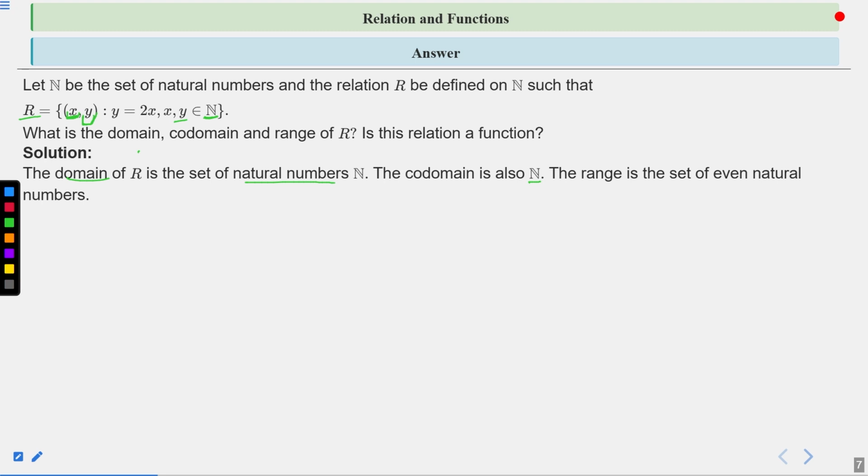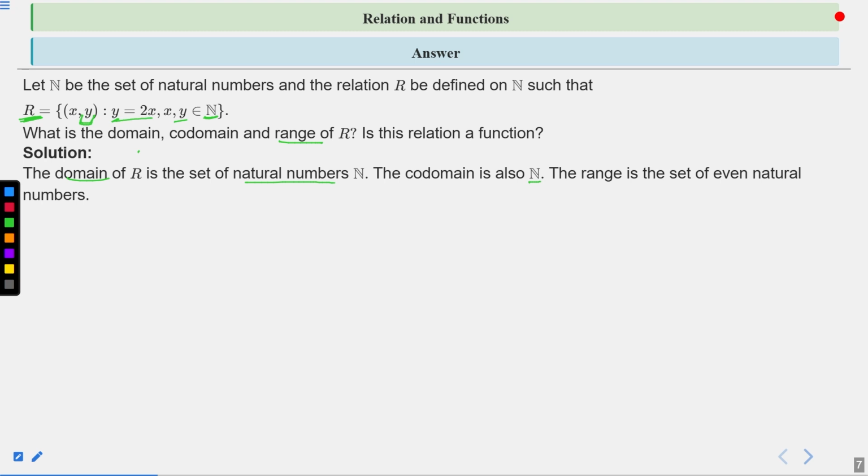Now we have to carefully observe that this y is of what form. In order to get the range, we require the collection of all y's, or simply the collection of all the second elements of the pairs, and these pairs belong to this relation R. So you know that this y must be of the form twice of x.